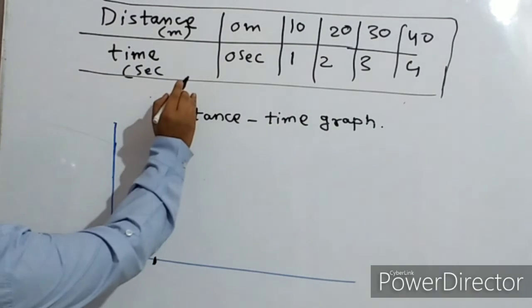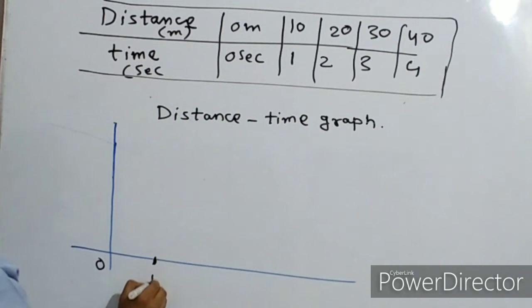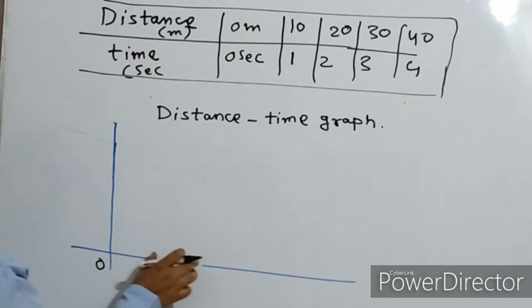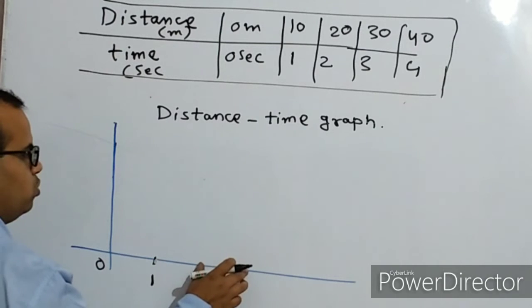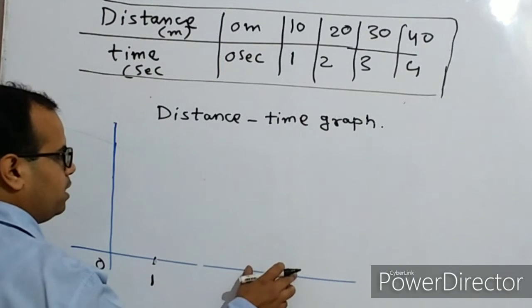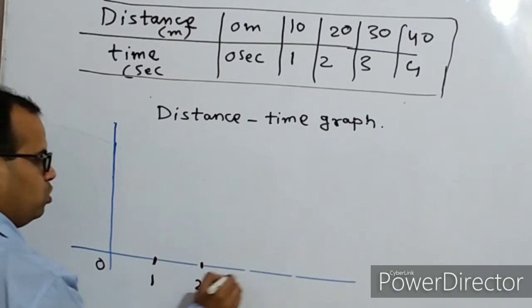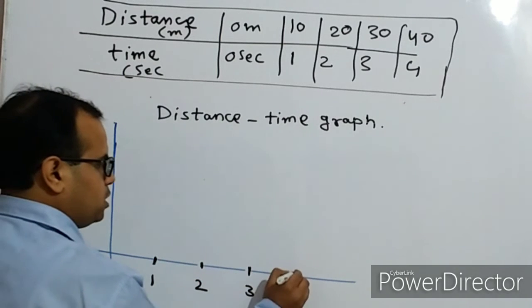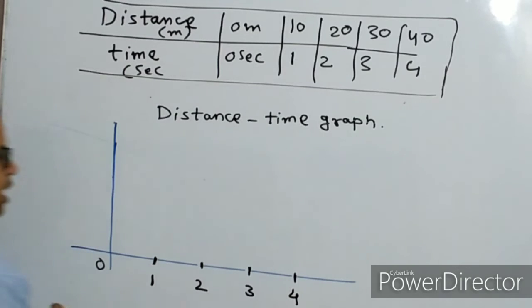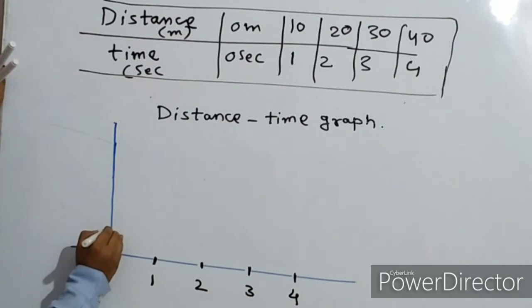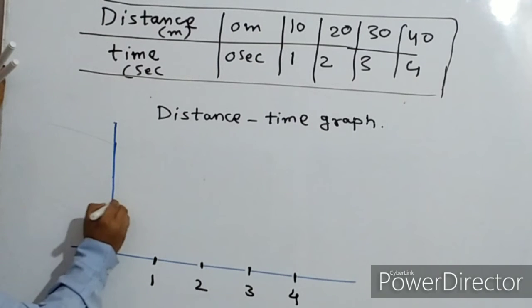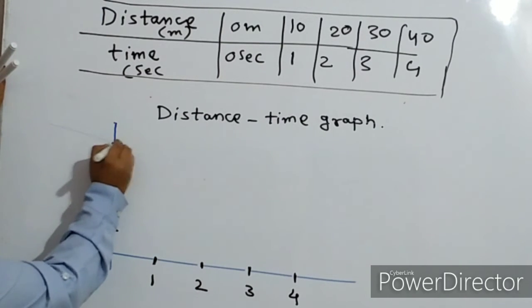Then on the time axis you need 0, 1, 2, 3, 4, at equal distances. So this is 1, this is 2, this is 3 and this is 4. And for the distance travelled, 0, then this is 10, 20, 30 and 40.